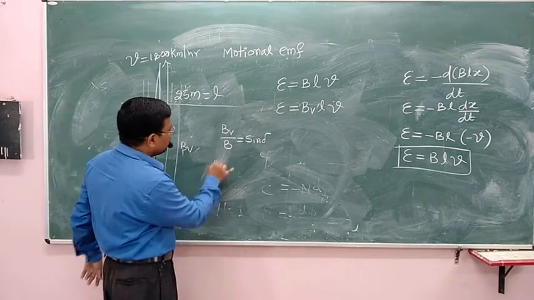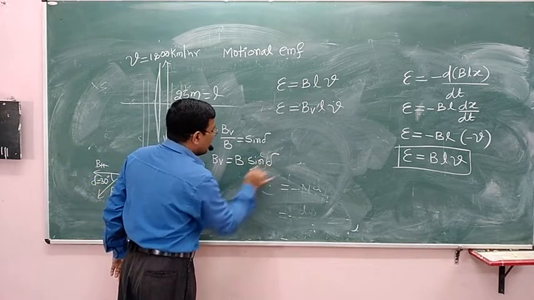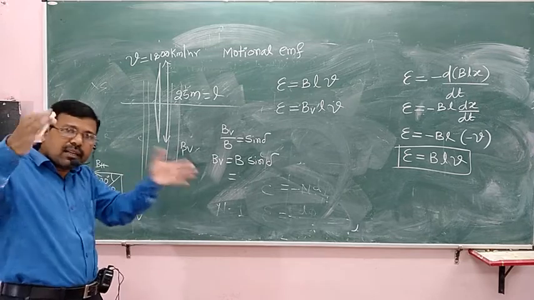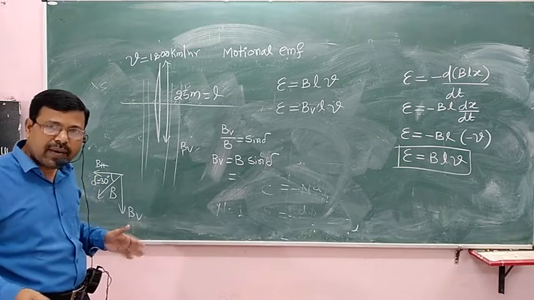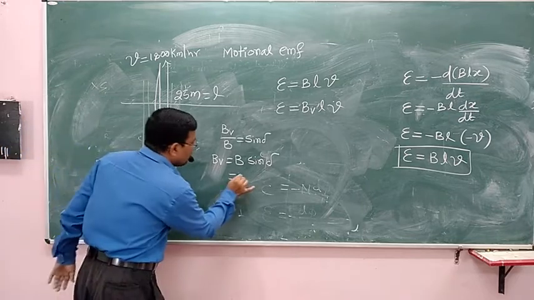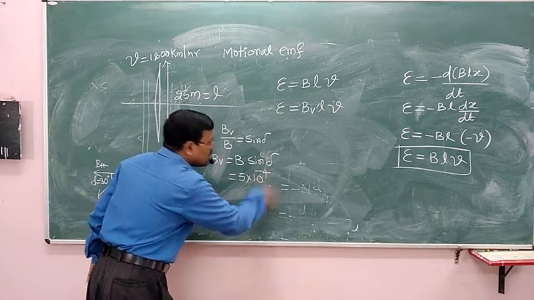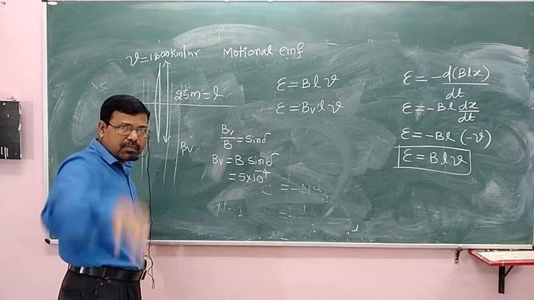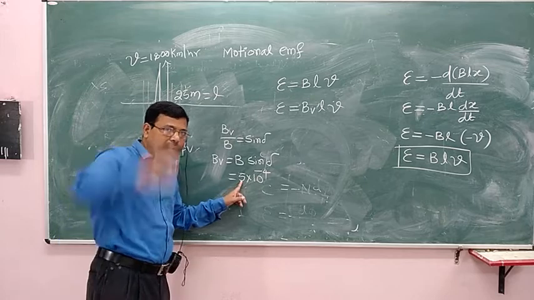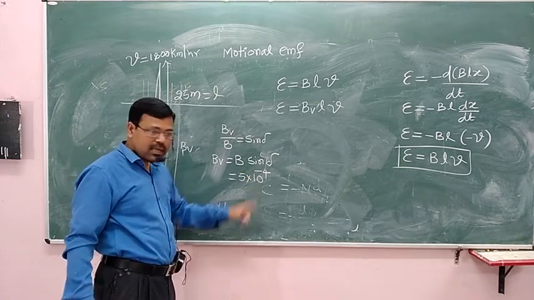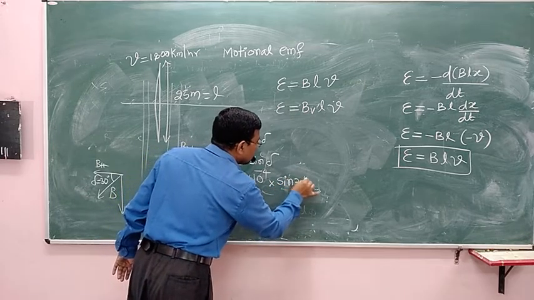Suppose you substitute that value here, B into sine delta. It is given that the Earth's magnetic field at that location is 5 into 10 raised to minus 4 Tesla, at the location where the aeroplane is moving. 5 into 10 raised to minus 4 Tesla into sine of 30 degree.